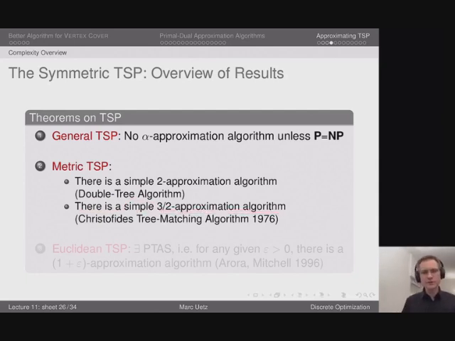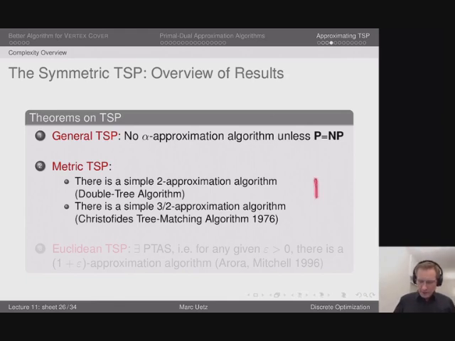So at most 50% above the optimum minimum cost. And that's an algorithm that was published by Christofides in the 70s, the so-called tree matching algorithm. And this one really uses a lot of nice and combinatorial ideas in it in a very nice and beautiful way. And I think it's still one of the nicest approximation algorithms of all.